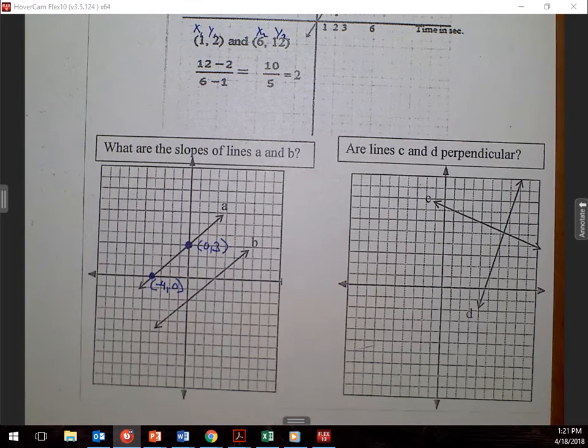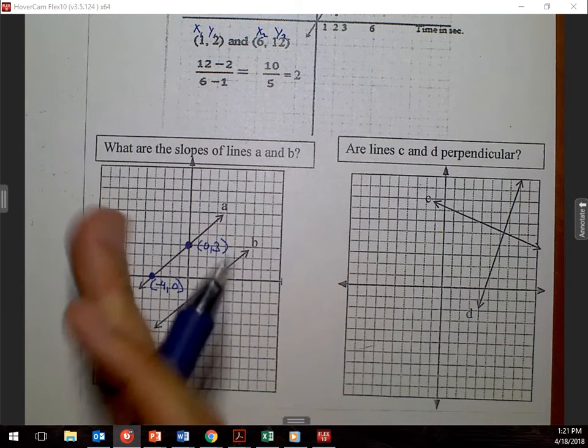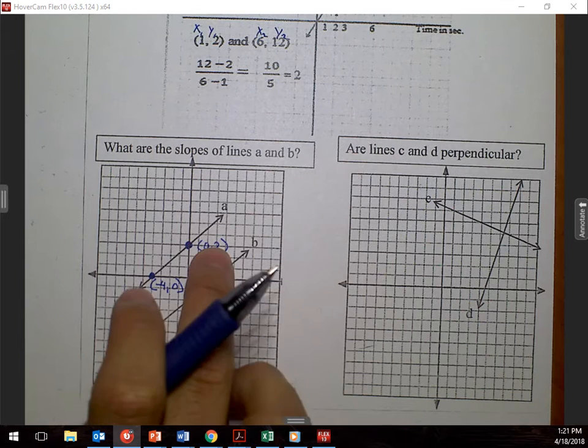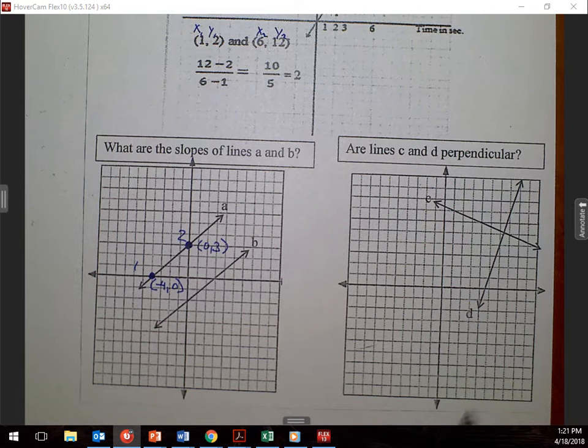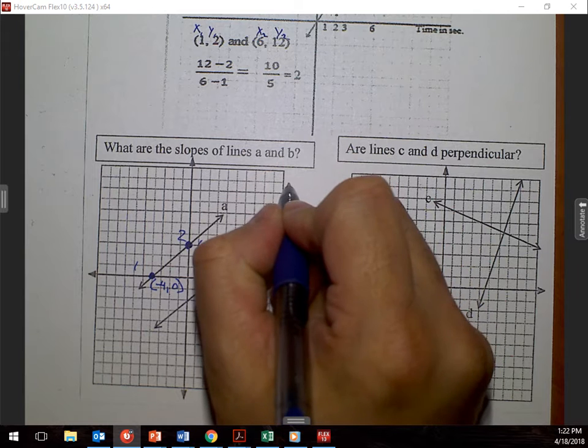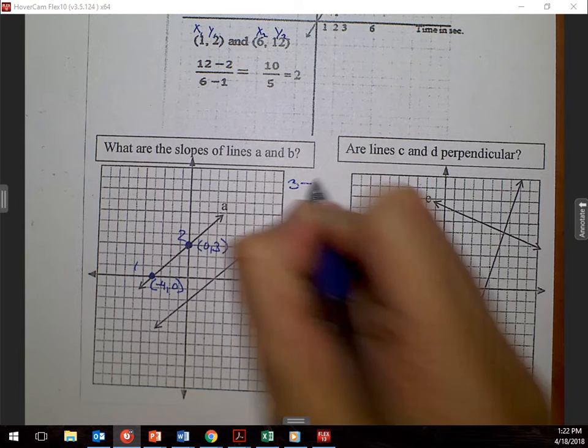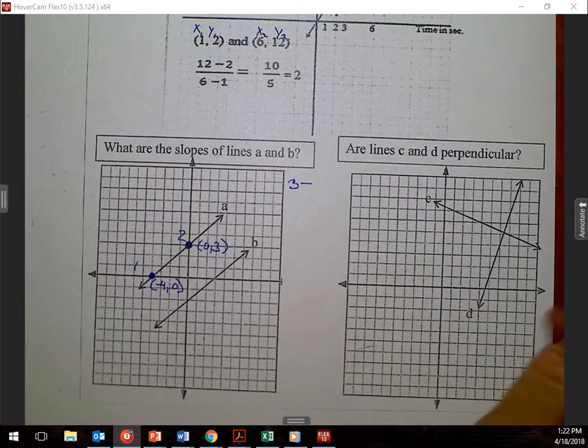All right, so let's take a look. I'm going to label my points. This is my first point, and this one's my second point. Going from the formula, it's y2. What is the y value from the second point? 3. So it's 3 minus, what is y from my first point? 0.